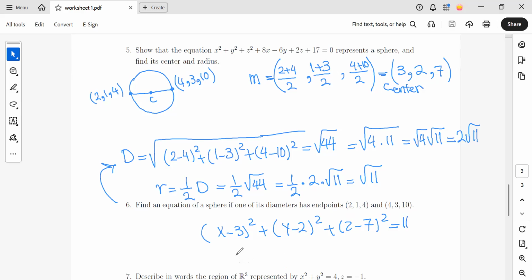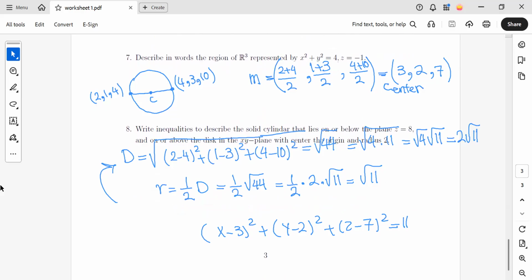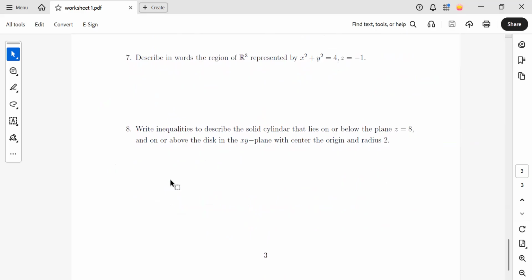Let's do number 7. It says describe in words the region of R cubed represented by x squared plus y squared equals 4 and z equals -1.